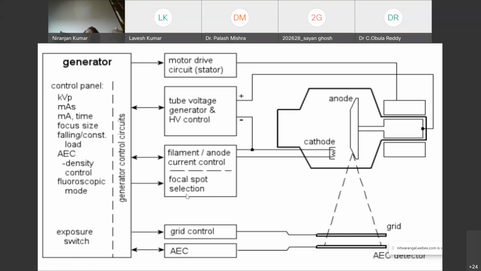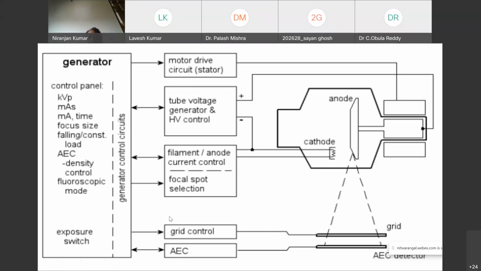I will get an image not as sharp as with the small filament, but still an image. There are many standards in IEC for what kind of filament size you can have. Each filament corresponds to one focal spot, so it is multifocal, and the generator controls which filament it has to ignite in the tube.